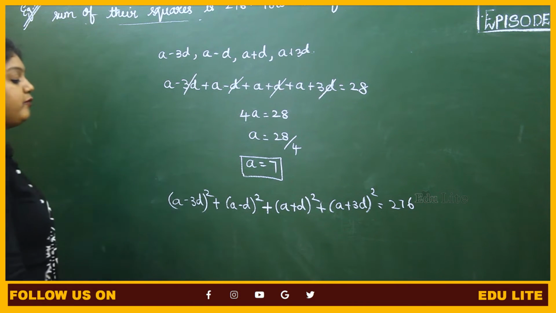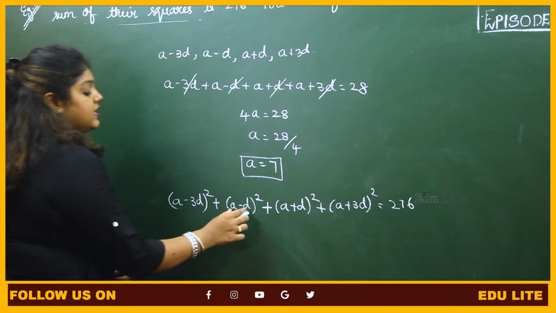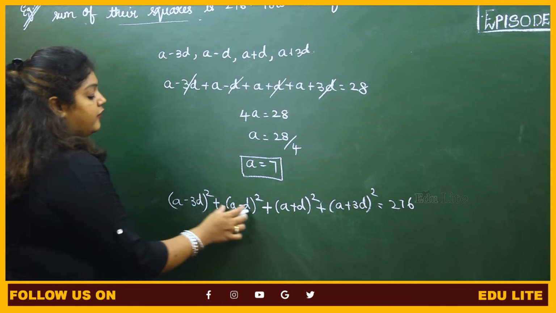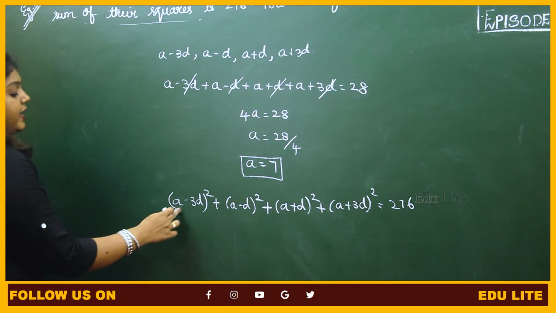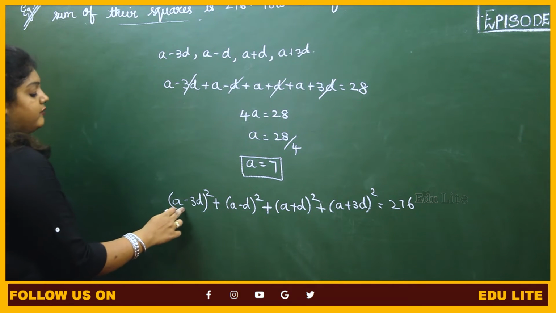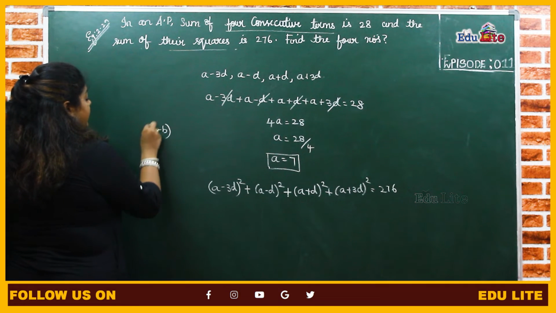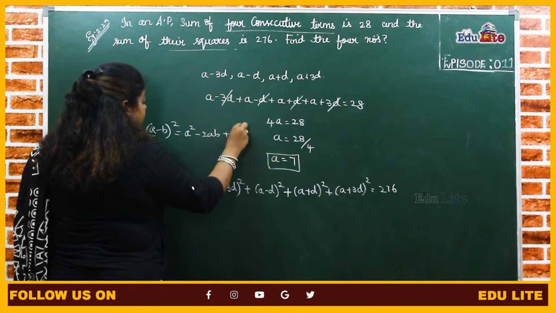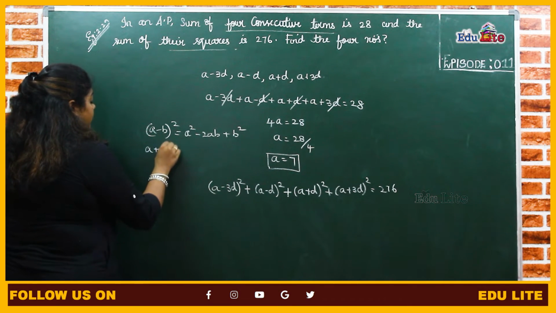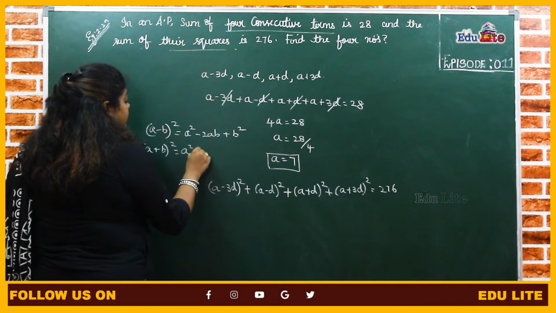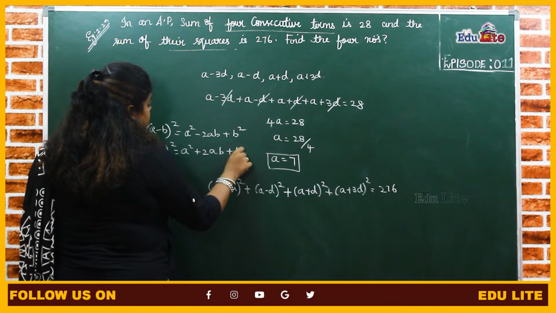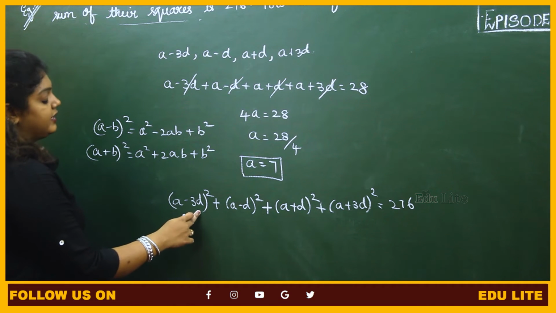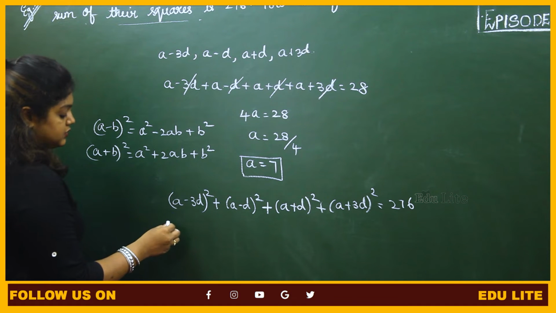In the next step, we have to use the a minus b whole square and a plus b whole square formulas accordingly for all the 4 terms. a minus b whole square is a squared minus 2ab plus b squared. Next, a plus b whole square is a squared plus 2ab plus b squared. For the first term, a value is a and b value is 3d, so we use the a minus b whole square formula.